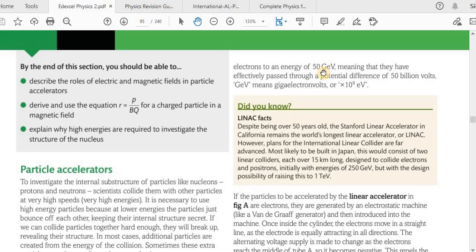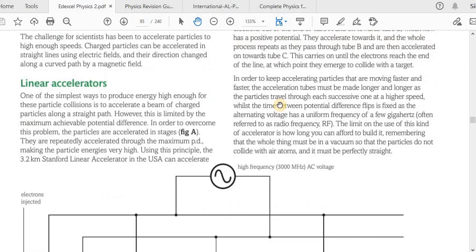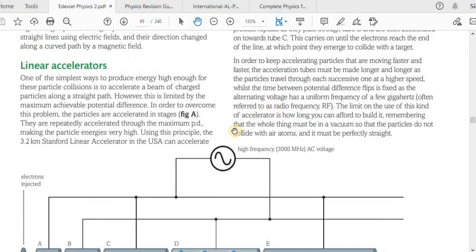Giga is what? 10 to the power 9. 10 to the power 9 is a billion. So it's 50 times 10 to the power 9 volts, or 50 billion volts. 10 to the power 6 is a million, 10 to the power 9 is a billion.